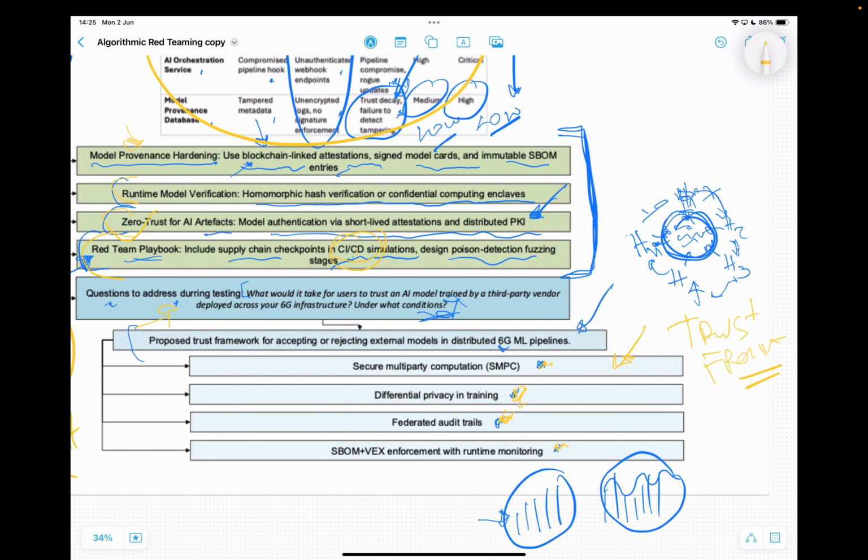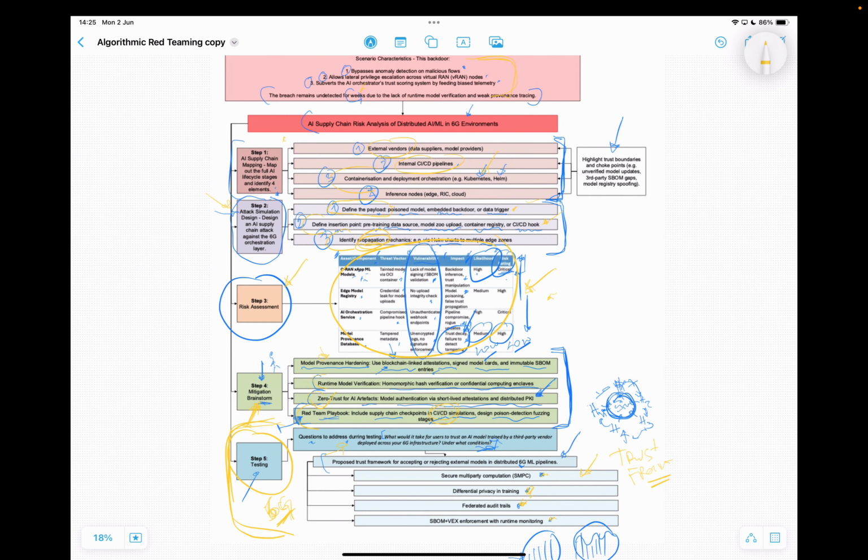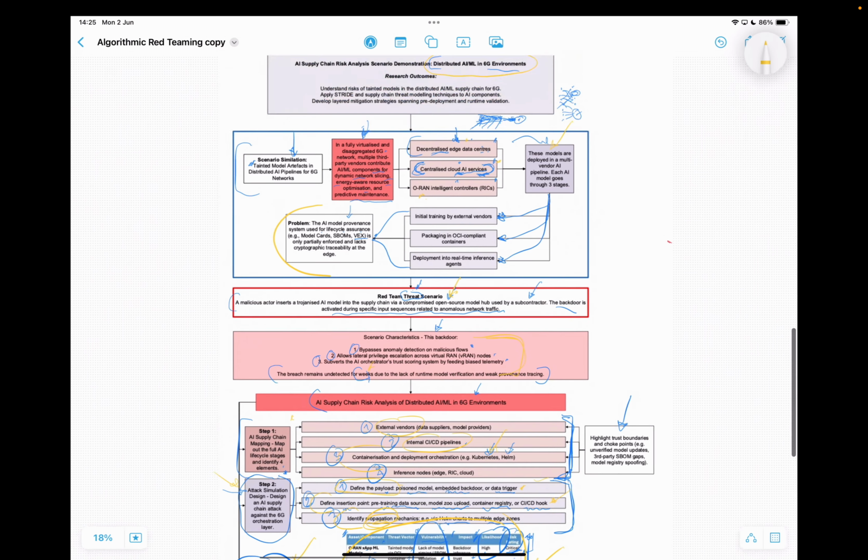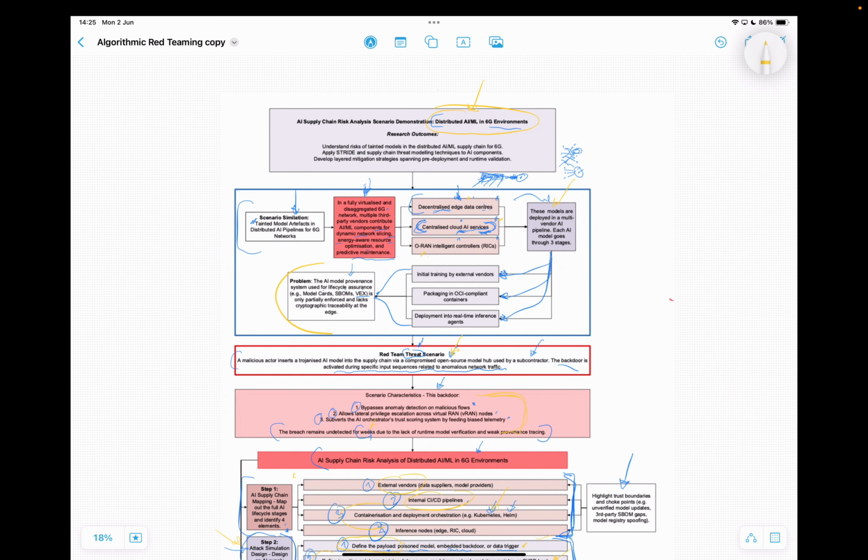What has been the learning of all this exercise? What you should have learned by now? You should have learned how to map a complete AI model life cycle in multi-vendor 6G settings. So this is the complete map. So if you watch this until the end, you know how to do the mapping. You've learned how to simulate supply chain attacks using realistic threat vectors.